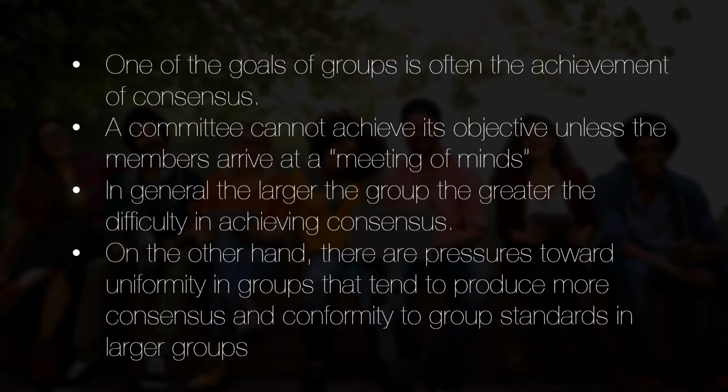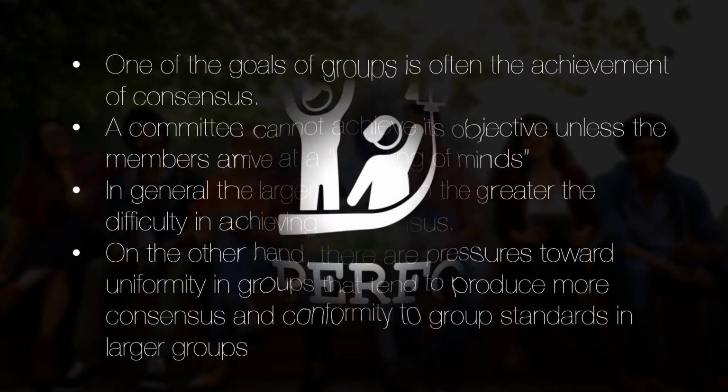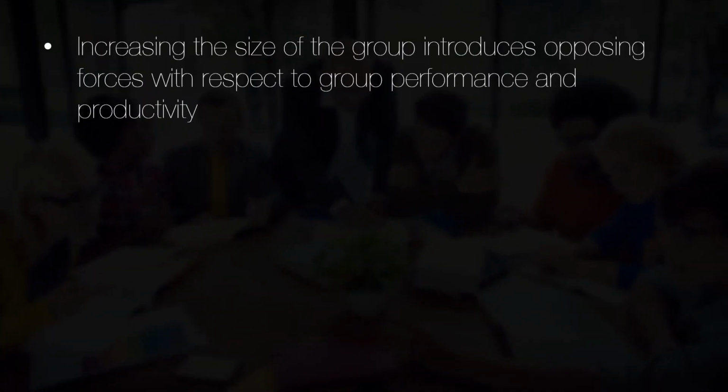Group size and group performance. So, how does the size affect? Group size has a direct impact on group productivity and functions. So, it tends to depend on what variables we looked at.